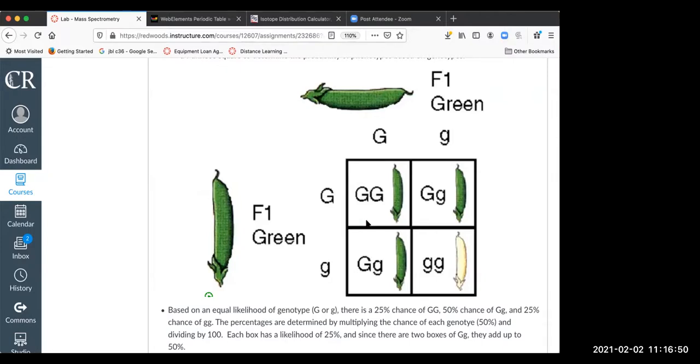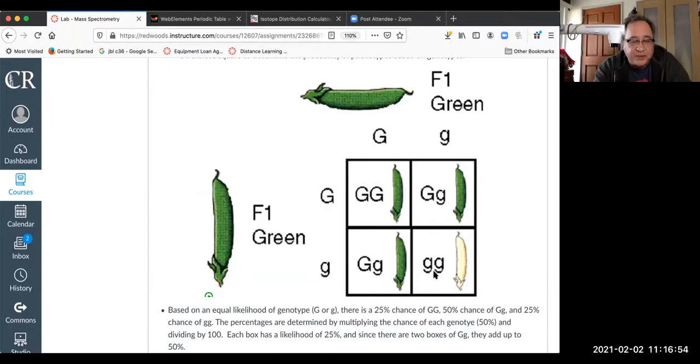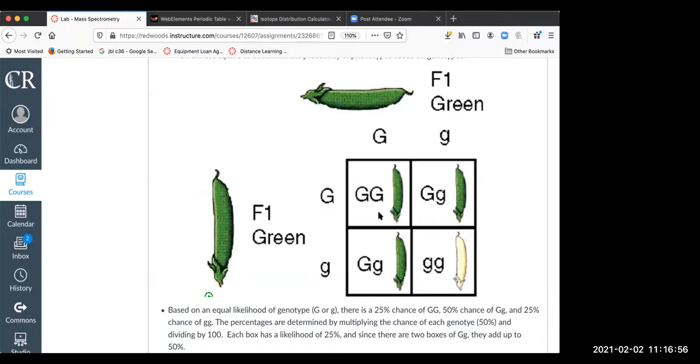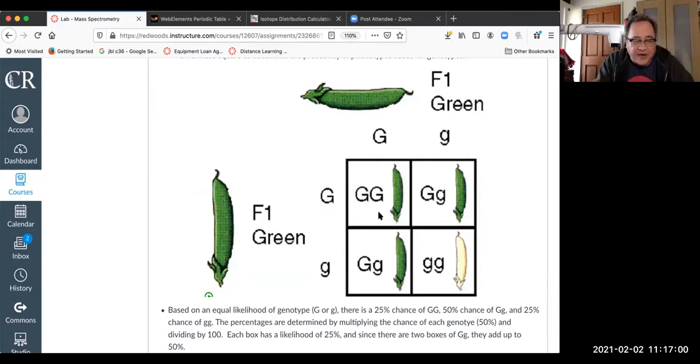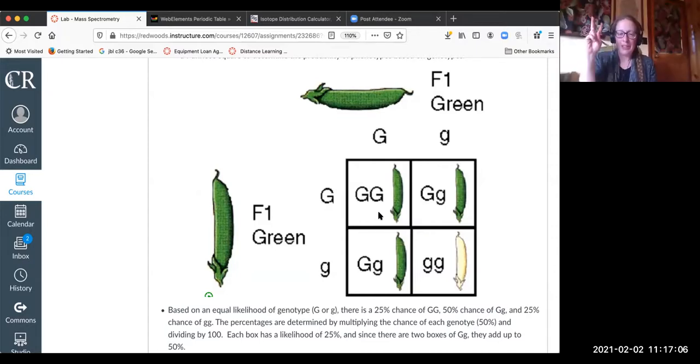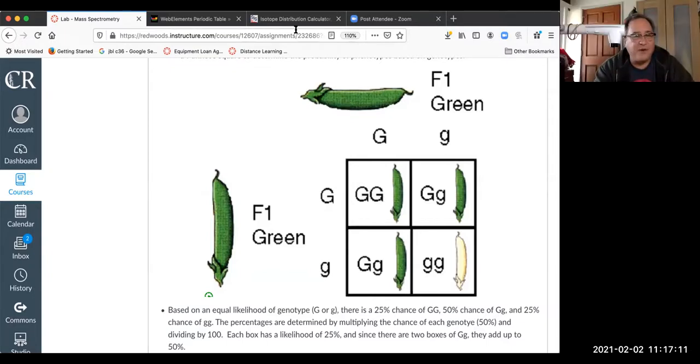Big G is 25%, and little g is 25%. This is based on the idea that it's a 50-50 for each. We're not worried about phenotype.